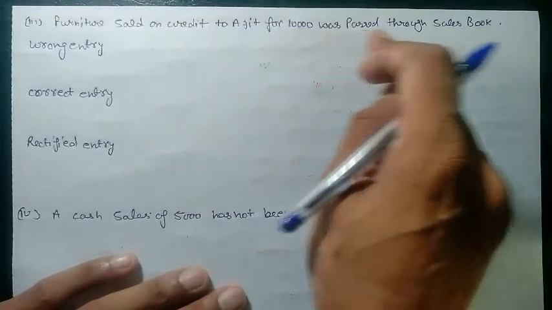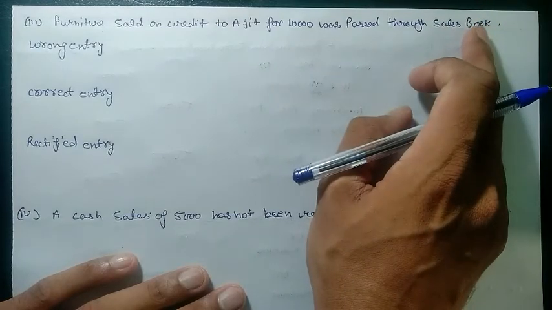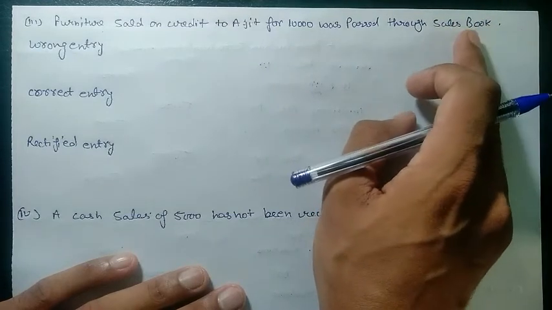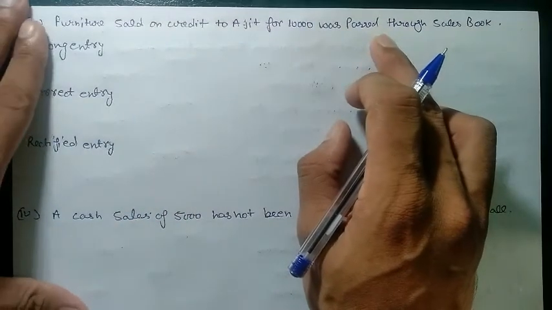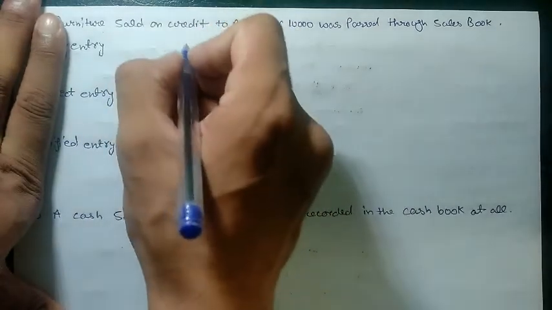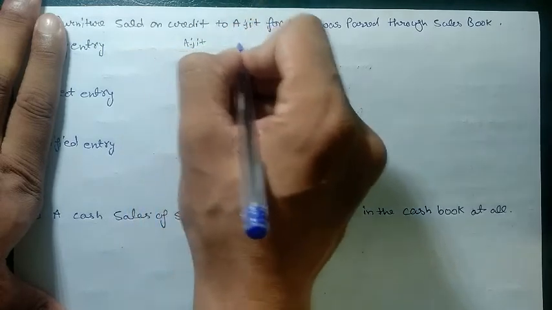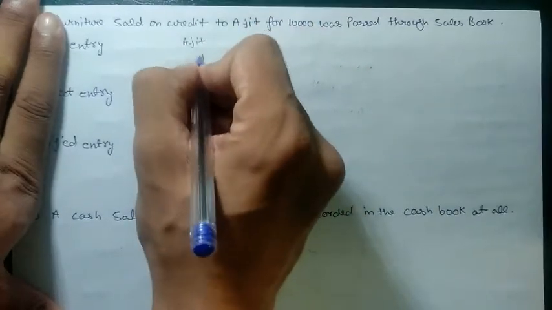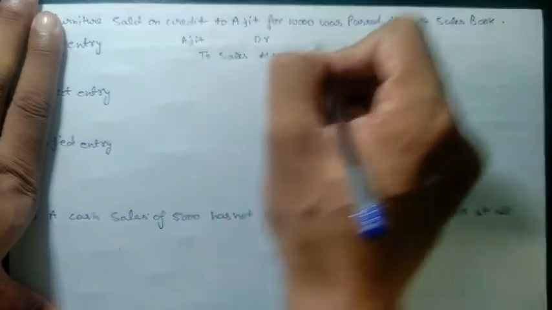But it was passed through the sales book. So now we made a mistake. How to correct it? So first we will post the wrong entry, that is, Ajit debit to sales account for 10,000.